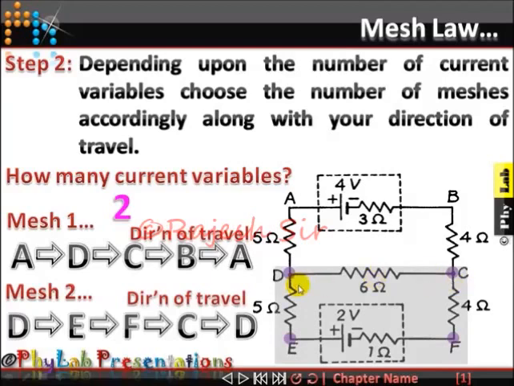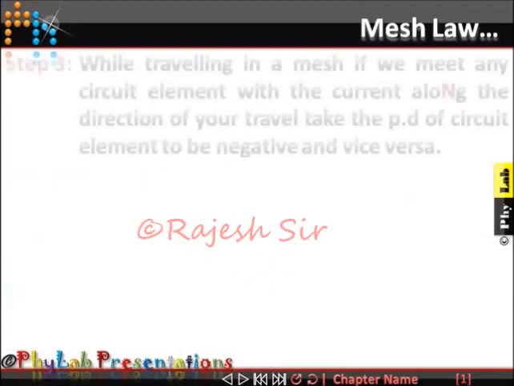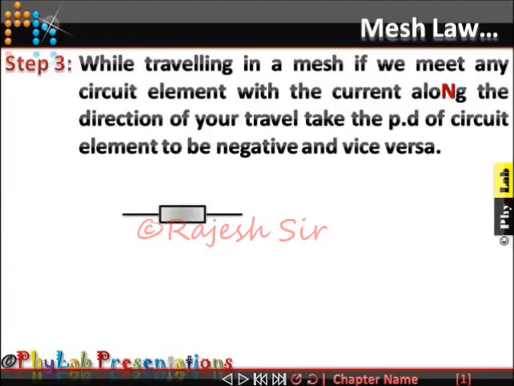Now while choosing the mesh, this also tells me what will be my direction of travel in that particular mesh. Now this direction of travel is going to be very, very important. Let's see how. In this step number 3, if you are traveling in a mesh and you meet any circuit element, especially that circuit element in ISC is going to be your resistance.